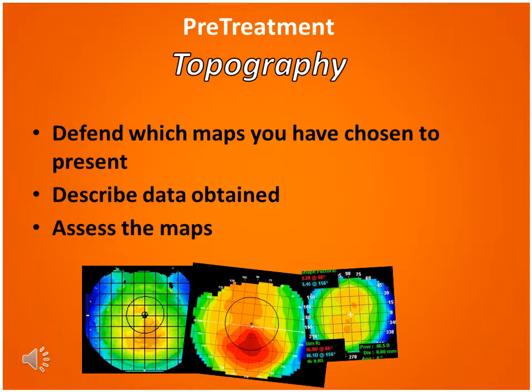Why didn't you choose other maps? Why did you pick this? And look at the maps and describe what data you're looking at pre-treatment, and give us a good representation that you know what you're doing when it comes to topography and topographic map assessments.